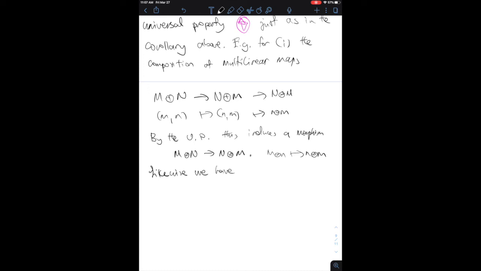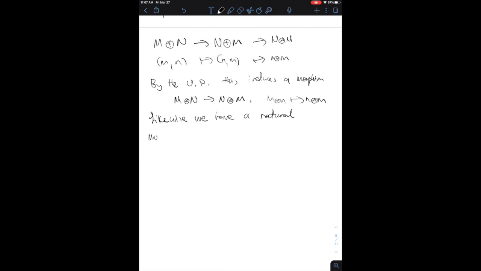Likewise, now doing the exact same argument, but with the order of M and N reversed, we have a natural morphism N tensor M to M tensor N, just by repeating the argument with the order of M and N reversed.